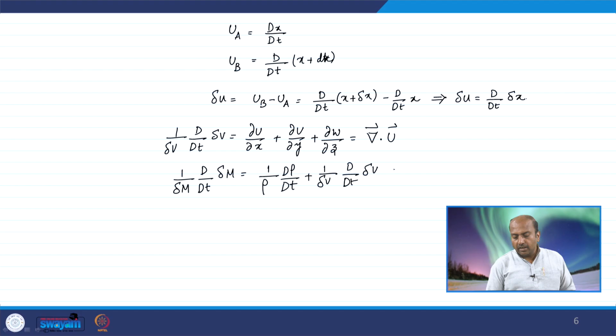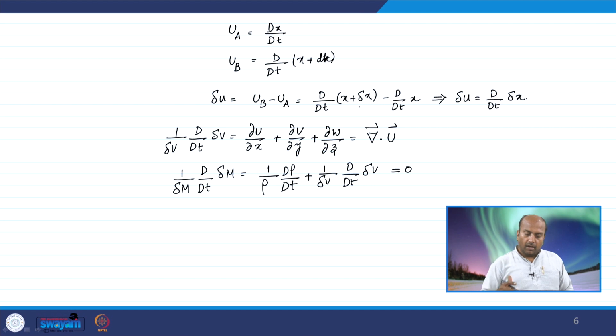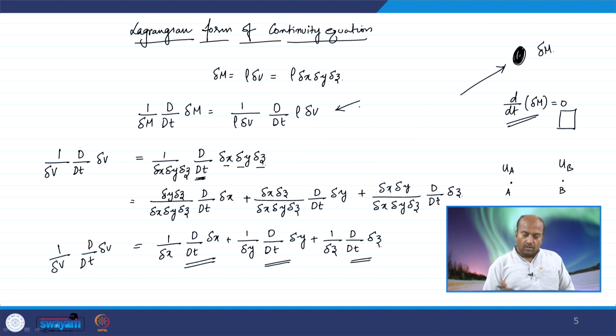If it has to be maintained constant, we can simply write it as 0, right. I have applied the total derivative once on the density and again on the incremental volume.